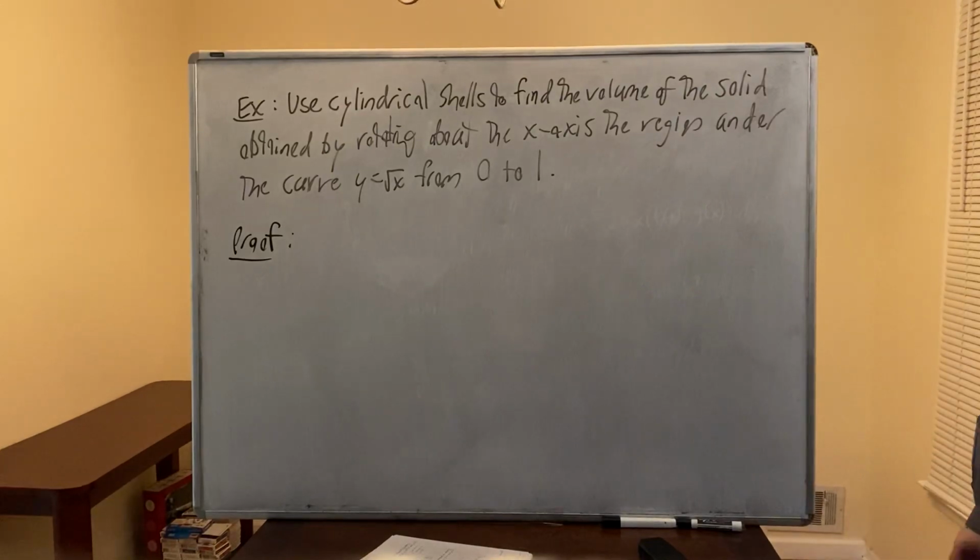Okay, so example: use cylindrical shells to find the volume of the solid obtained by rotating about the x-axis the region under the curve y equals square root of x from 0 to 1.